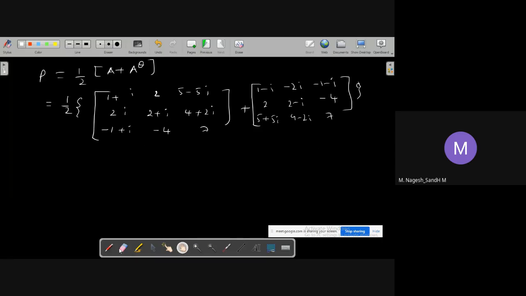So now 1 by 2 into, what is this value? 1 plus i, 1 minus 2i, plus i minus i subtracted, the value is 2. Next, 2 minus 2i. Next, 5 minus i, minus 1 minus i, 4 minus 6i. Good. 2i plus 2, 2 plus 2i.